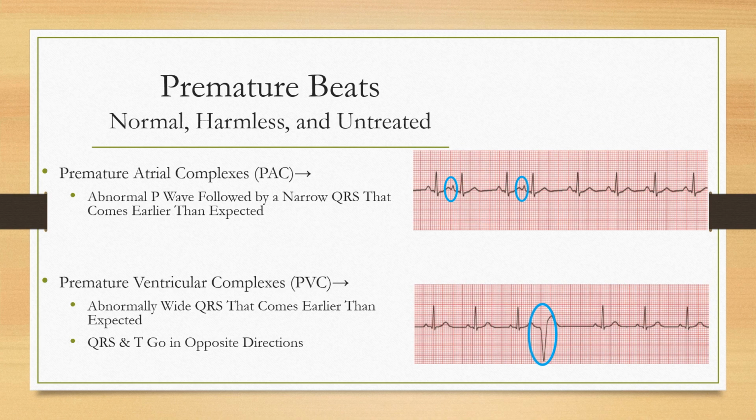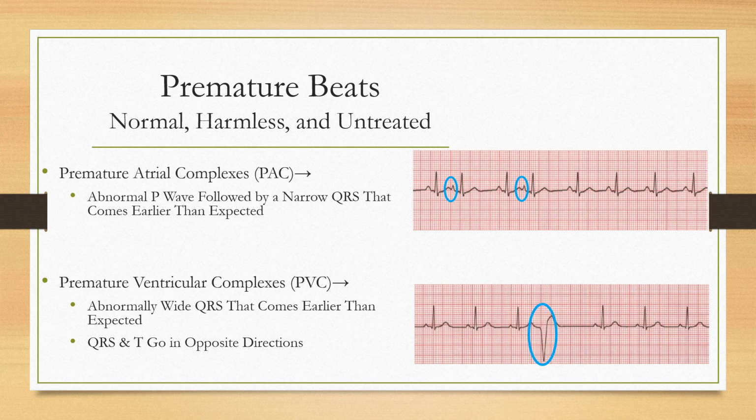I want to send off an extra beat, and when it does so, it's called a premature ventricular complex, and there's usually one or two of them. They're usually quite harmless. If people have many of them and they're symptomatic with PVCs, then sometimes we'll use an antiarrhythmic to just settle down the frequency of the PVCs. Okay? But in general, the occasional PVC is really quite harmless.